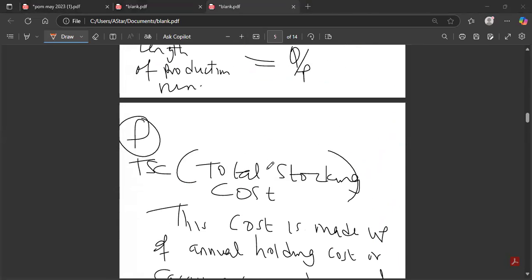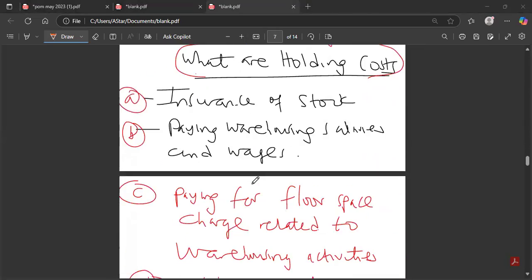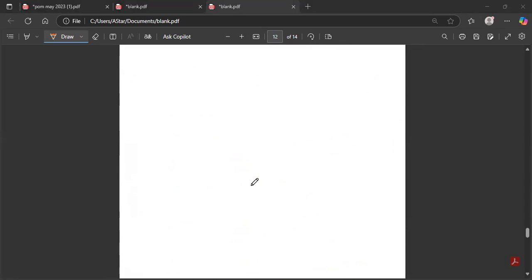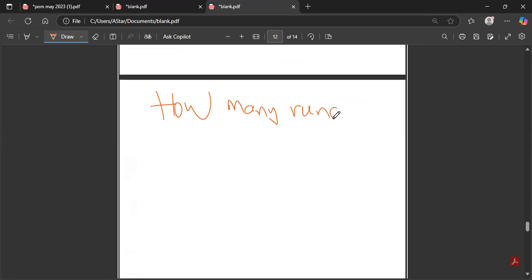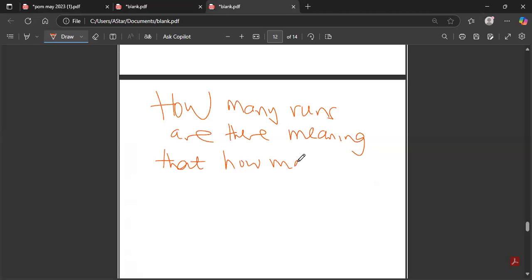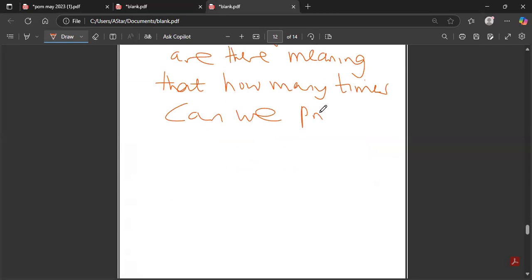That's the number of production runs. So when they say how many runs are there, it means how many times can we produce to meet the annual demand?